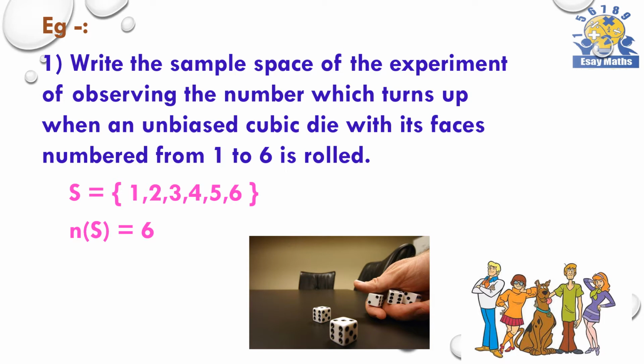If it is a universal set in sets, we use the symbol curl E. But here, in probability, when we are doing a random experiment, we use capital S to represent the sample space.